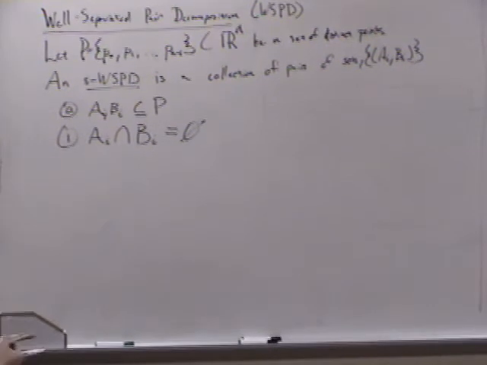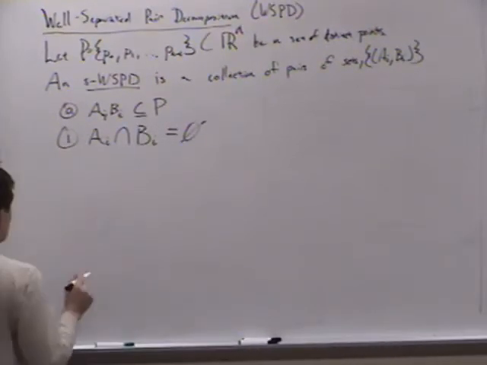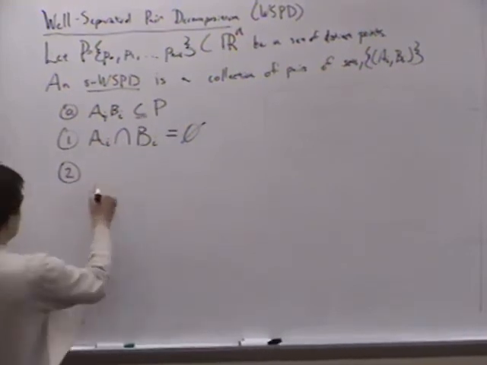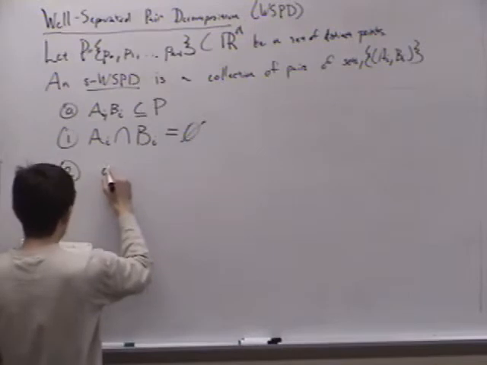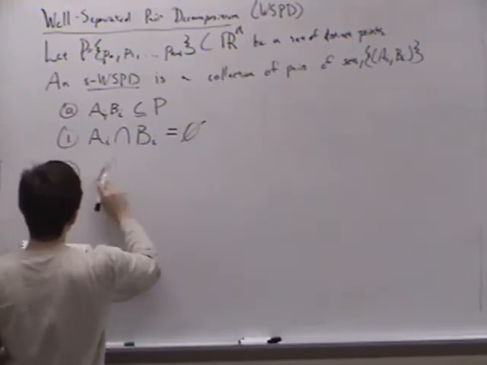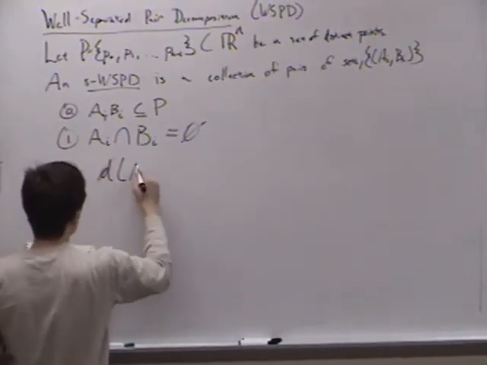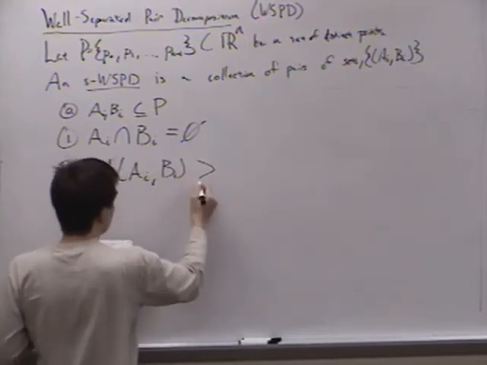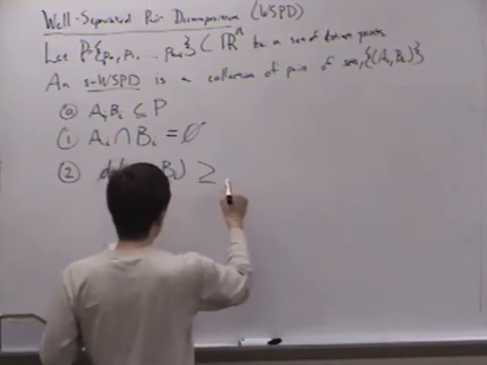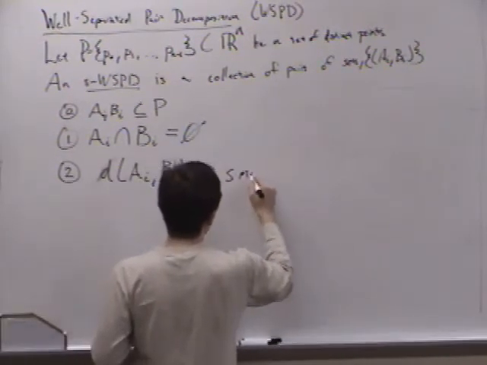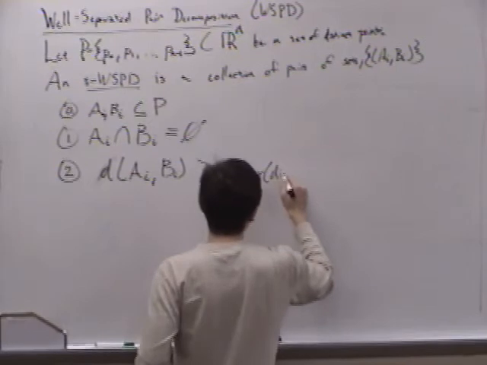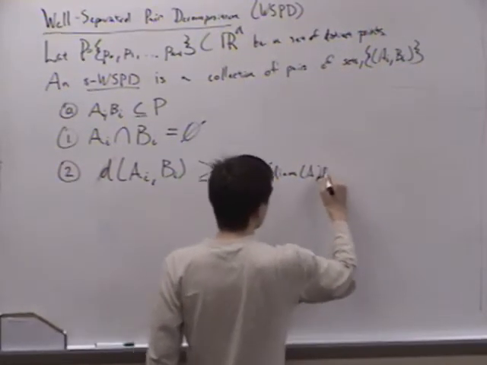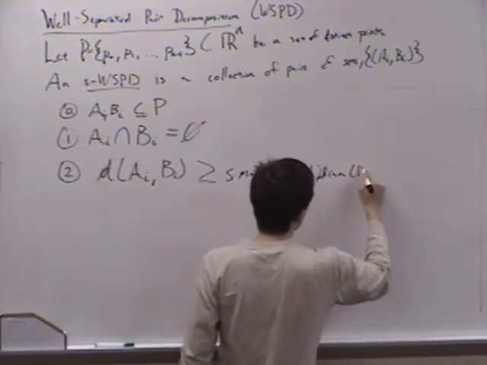And if we take the distance between any pair of sets, we'll write this as the distance between A_i and B_i. This better be greater than or equal to s times the max of the diameter of A_i or the diameter of B_i.